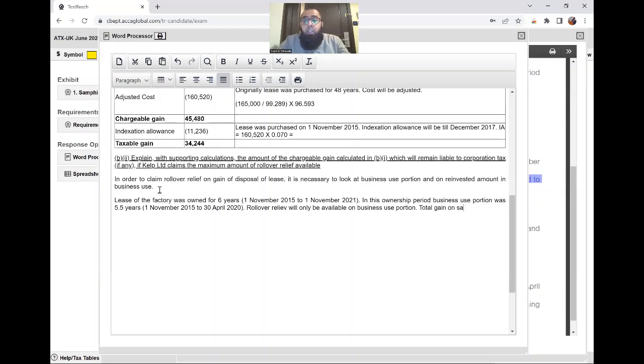Total gain on sale of leases is 34244. Gain eligible for rollover relief is 34244 into 5.5 years divided by 6 years.